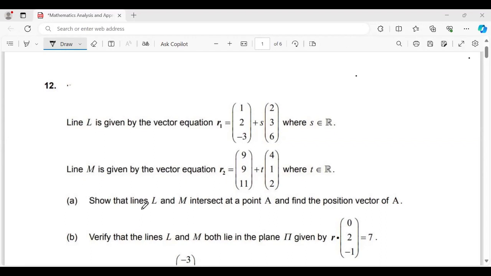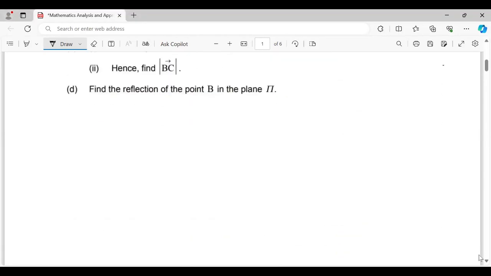Question A. Show that lines L and M intersect at point A and find the position vector of A. To solve this question, we're going to prove that r1 equals r2, and after that we're going to find S and T. You know that S and T are the parameters, so we're going to find the parameters. I'm going to show you how to find the solution.